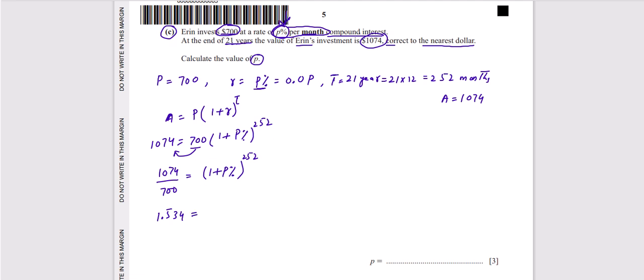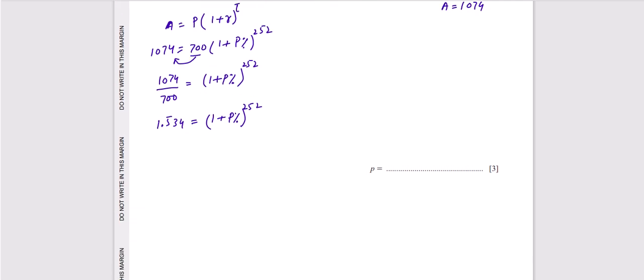So 1074 divided by 700, we get 1.534 is equal to 1 plus P percentage overall power 252. So taking the 252nd root on both sides, the 252nd root of 1.534 is equal to 1 plus P percentage.